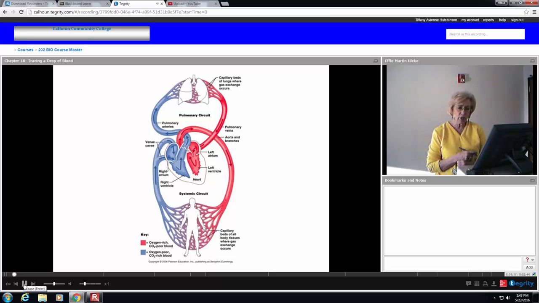I want you to think of the circulatory system as being a highway. They're the highways and byways of our bodies, and just like highways, we've got bigger ones and we've got smaller ones and we've got little tiny ones.